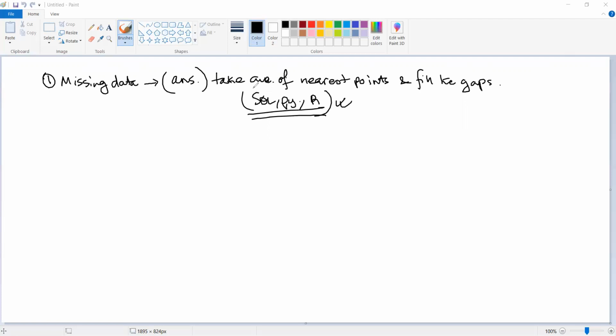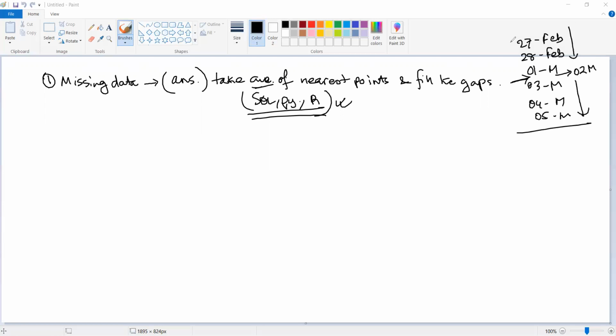Take the average of the nearby dates and fill the gap. For example, we have data for 1st March and 3rd March; if you have data for 28th February, 27th February, 4th March and 5th March, and only 2nd March is missing, no problem.